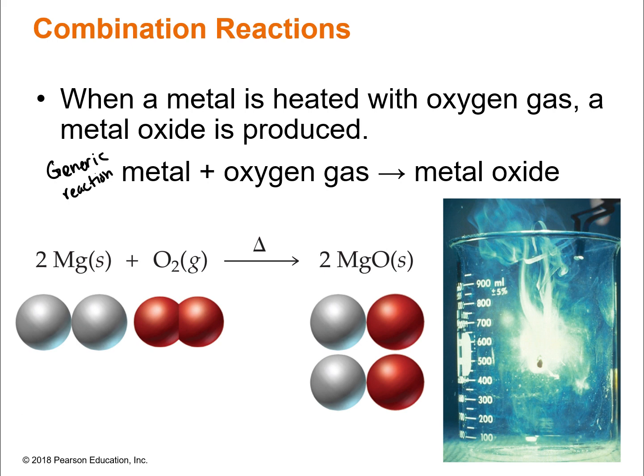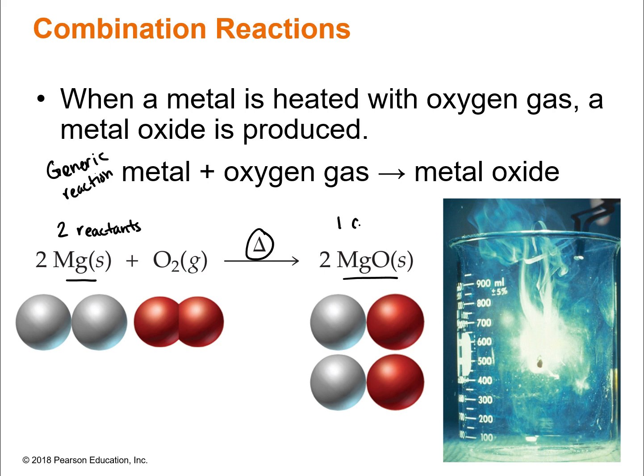The example is, let's say you've got magnesium, and then you heat it, that's what the triangle is, with oxygen. You make magnesium oxide. Notice how many reactants you have versus how many products. You've got 2 reactants.